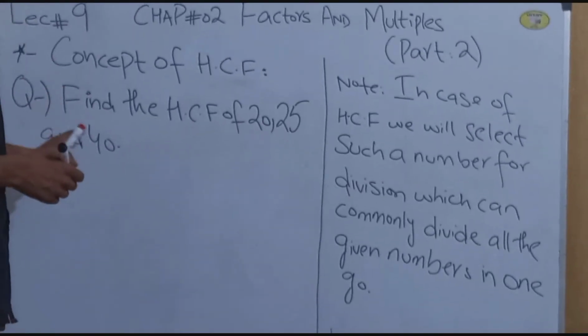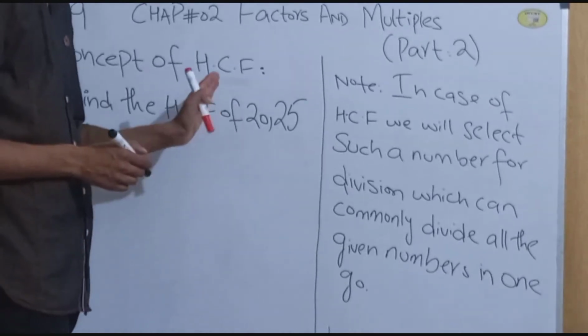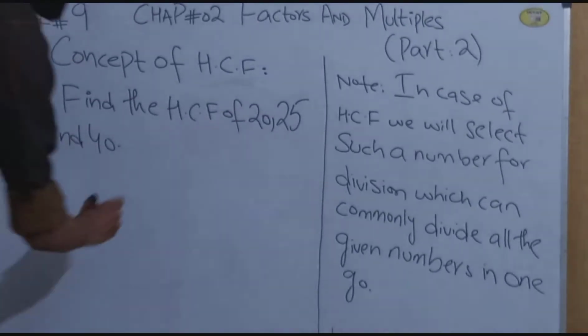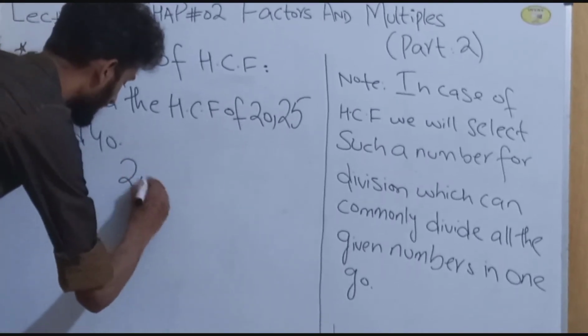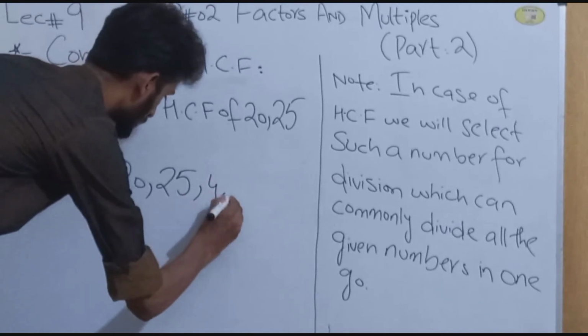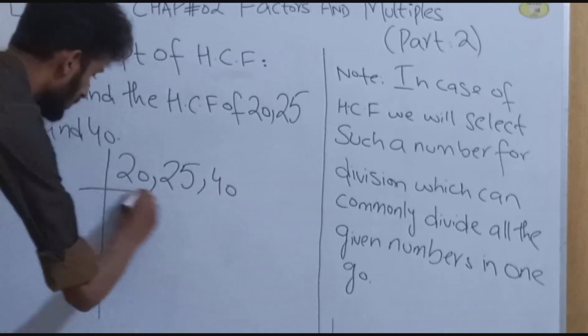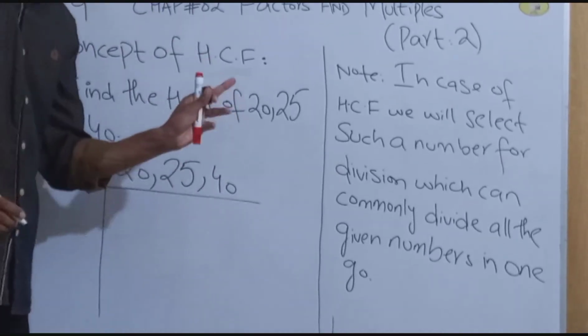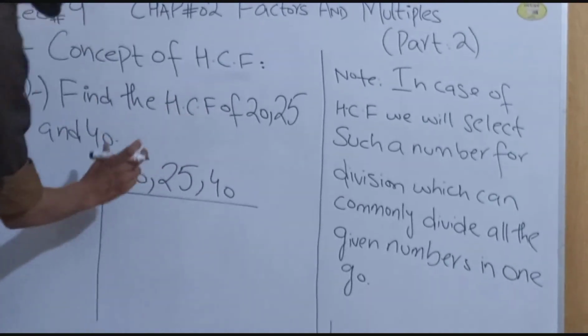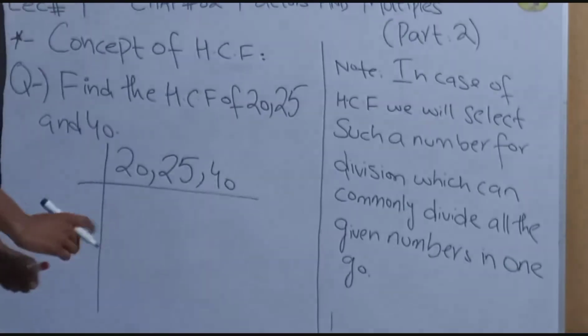Now our next question is find the HCF of 20, 25 and 40. Three numbers. So HCF is common factor. So we have to choose such a number which can divide all these three numbers in one go.